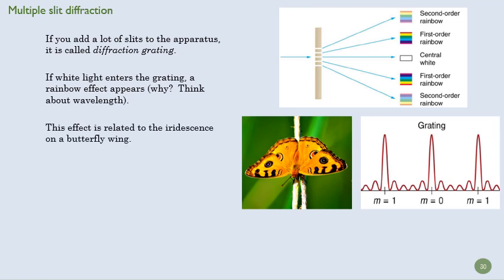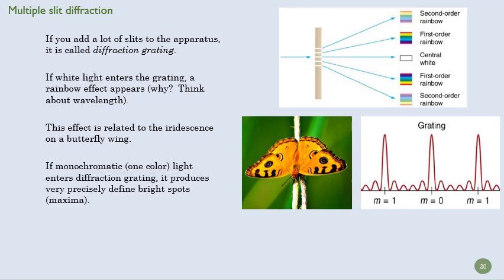This is what happens when we have iridescence on butterfly wings, because the way that those wings are constructed basically has light go through a similar process to this, where you get little wavelets that are interfering with each other. And if you put monochromatic light through a diffraction grating, it creates very nice, precise maxima.